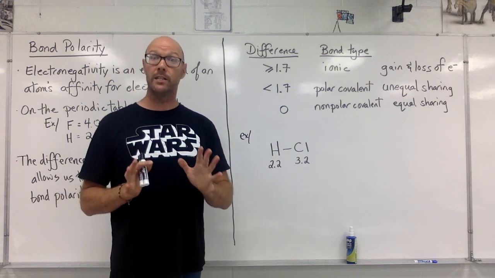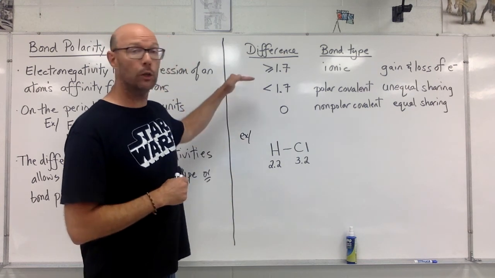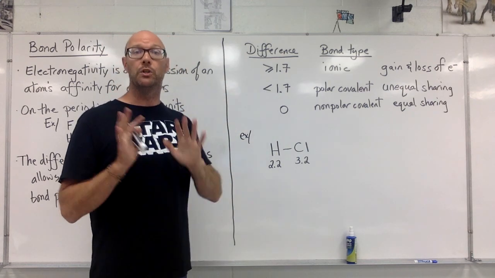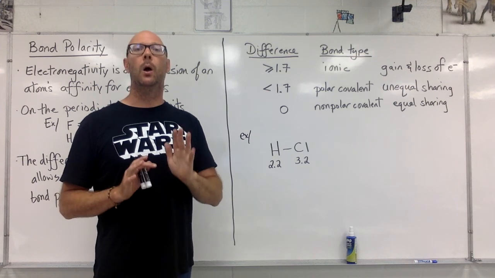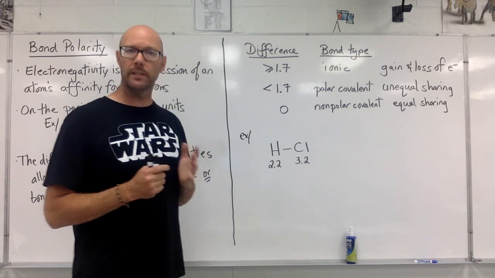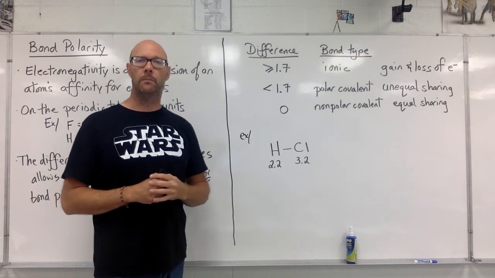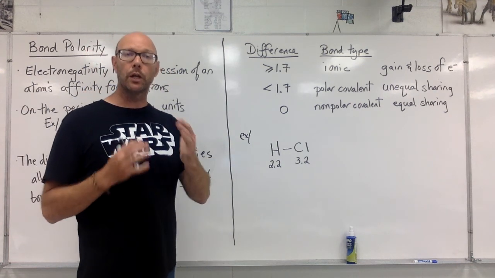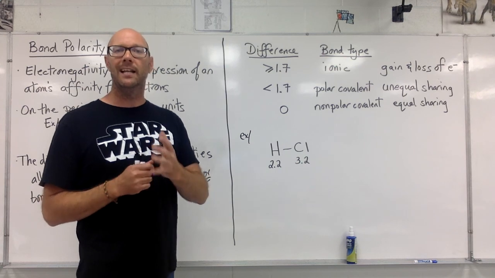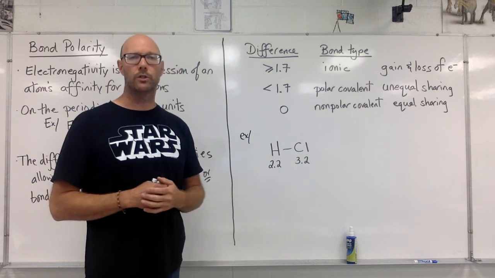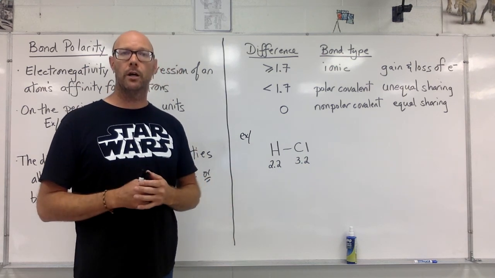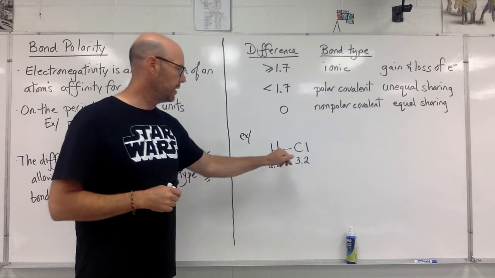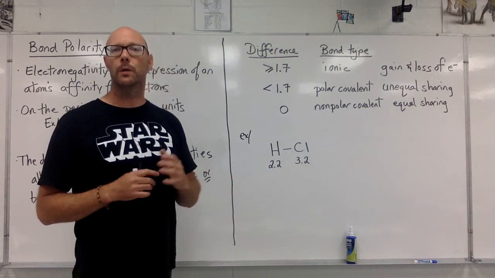Here's a more detailed look at the polar covalent situation, which is our most common situation by far. Here I have a really simple molecule, HCl. I've already gone and looked up the electronegativities. When I look up hydrogen on the periodic table, its electronegativity is 2.2. When I look up chlorine, the electronegativity is 3.2.